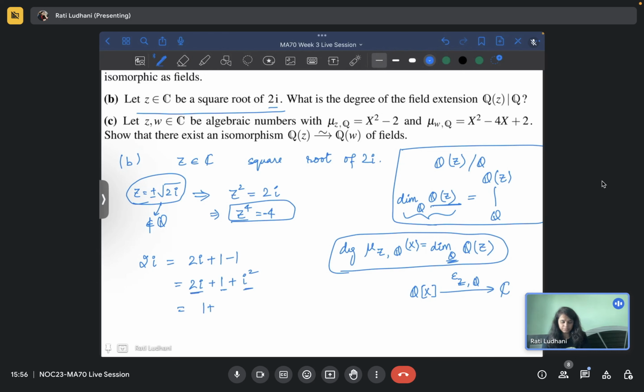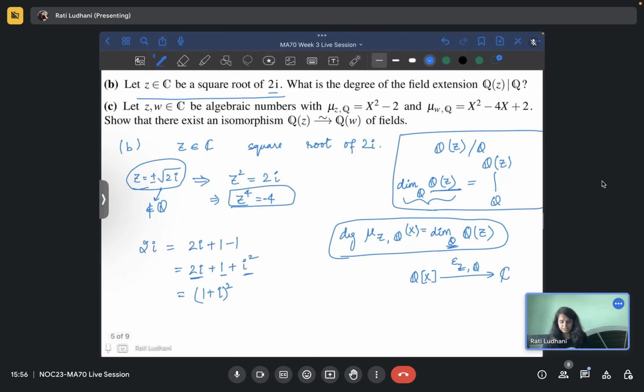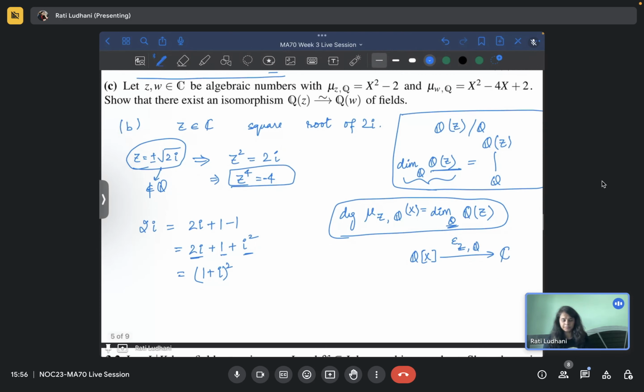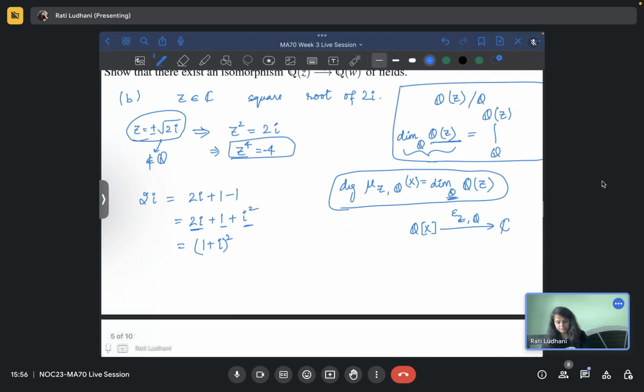So this is like (1 plus i) square. So this somehow becomes a square of some complex number. Because of this, z is really a root of this number. So this is plus minus 1 plus i.